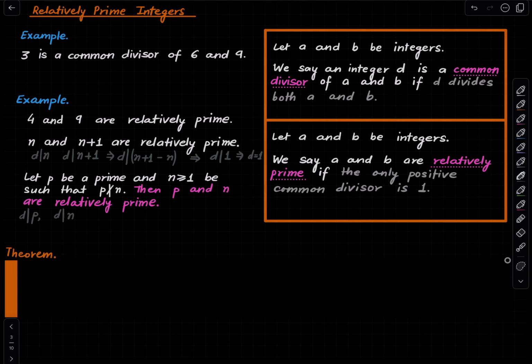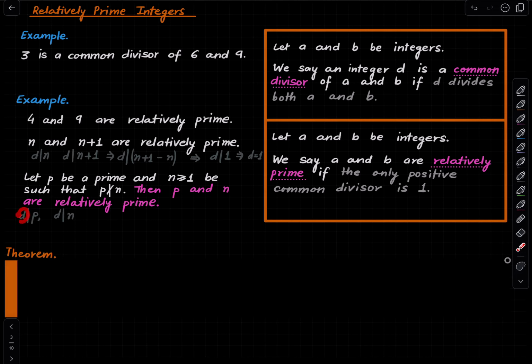Yeah, so you actually didn't need anything that I said about a prime dividing the product of two integers. Just pick a common divisor, which is positive. Since it divides p, there are two possibilities for it. Either it is equal to p or it is equal to 1, because a prime number has only two positive divisors.